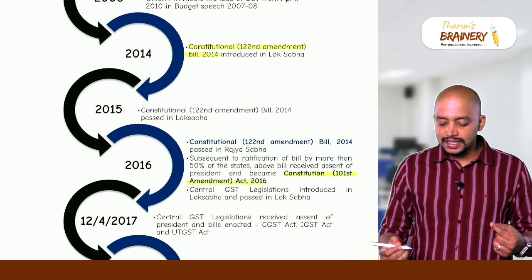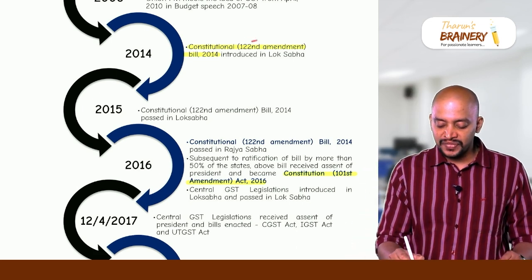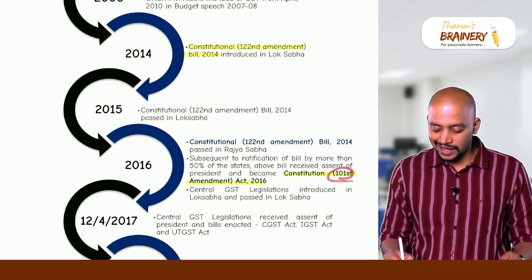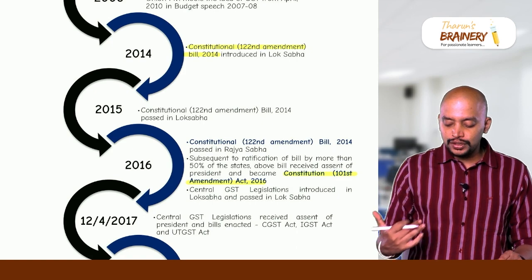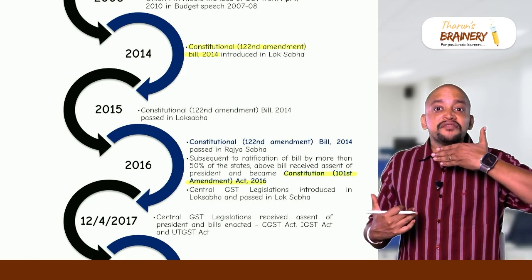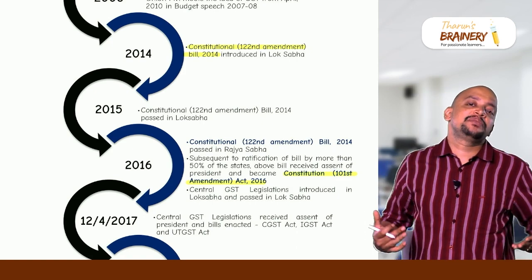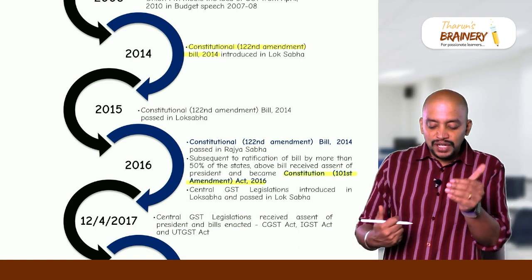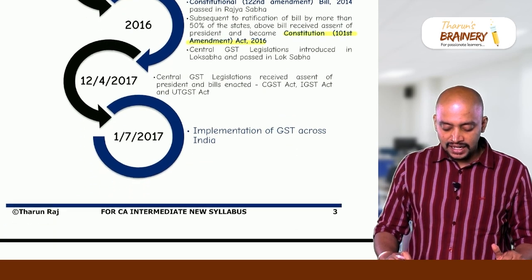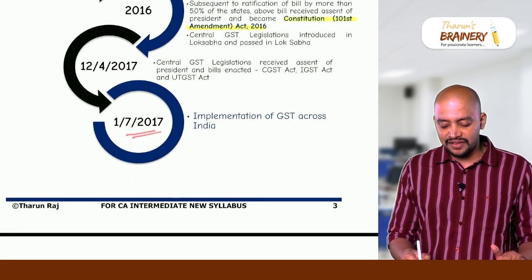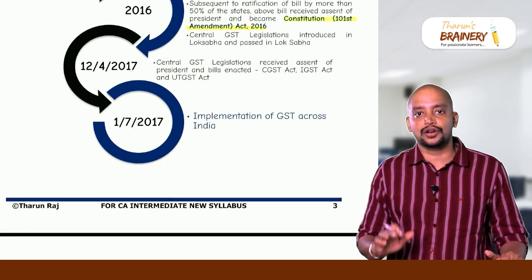Bill wise it is 122nd, but Act wise it is 101st. Not every bill that is presented in the parliament gets passed. That is the reason why bill wise it is 122nd, but Act wise it is the 101st Act. And 1/7/2017 is the effective date of implementation of GST across the country.